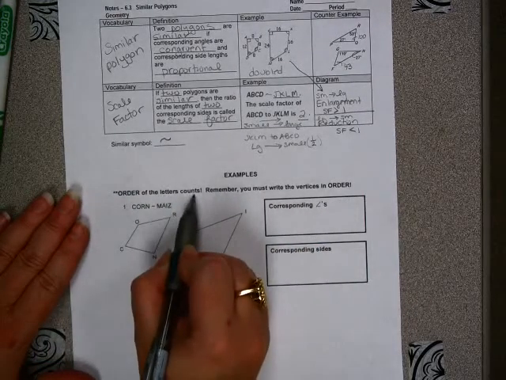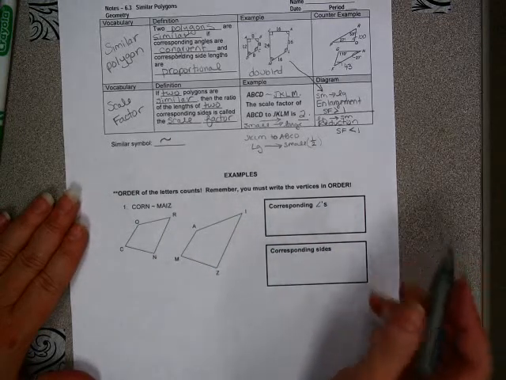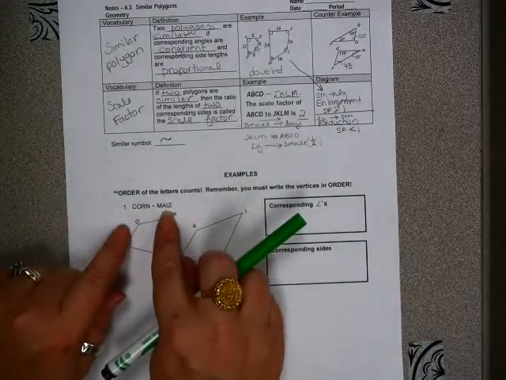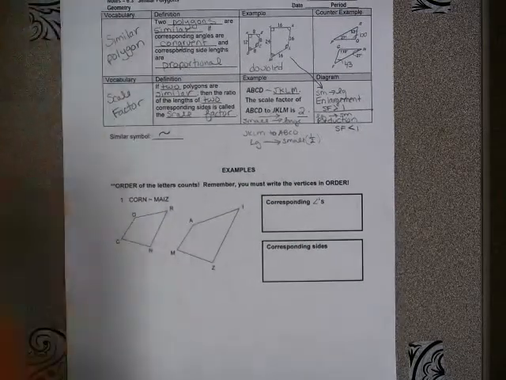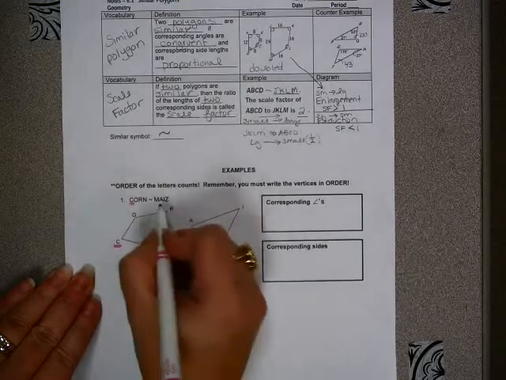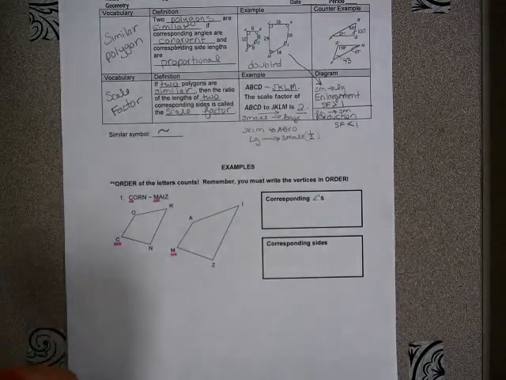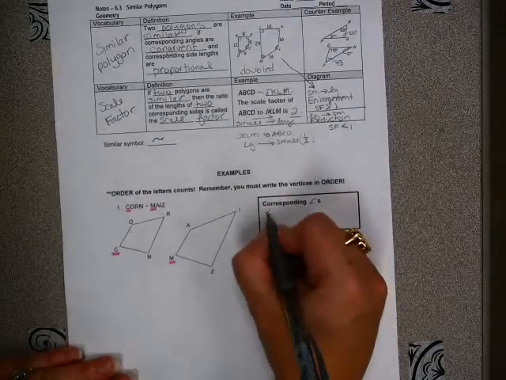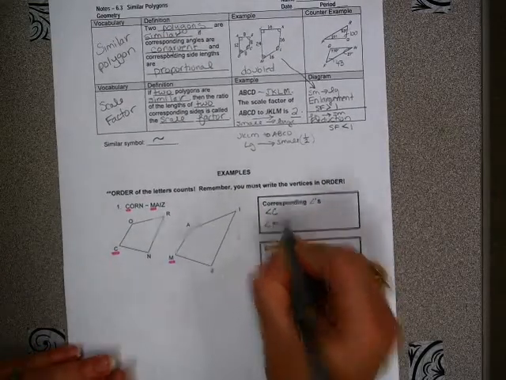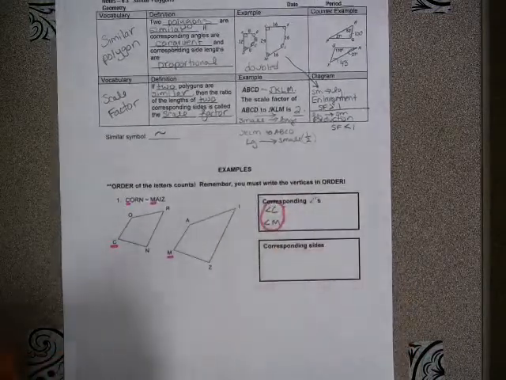Here's a special note: order of the letters counts. Remember, you must write the vertices in order. So here, I'm going to match the angles first. I'm going to start with C, and C in the name corresponds with M in the name. So angle C and angle M are corresponding angles.